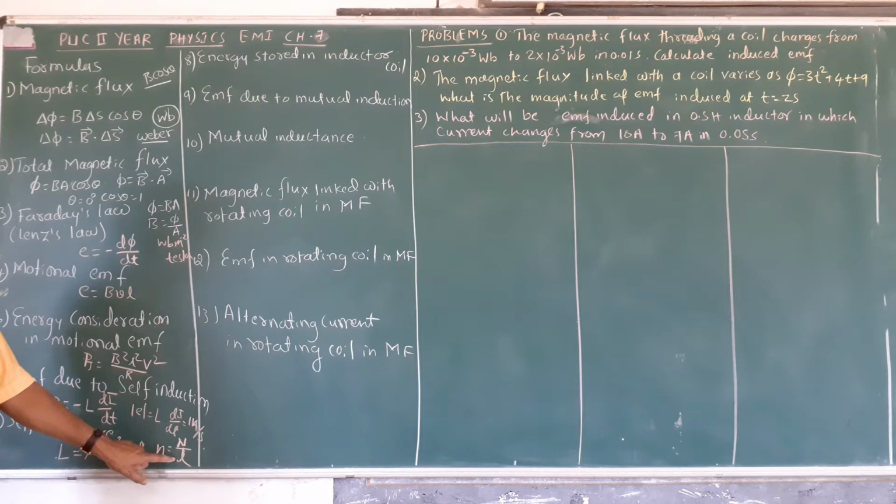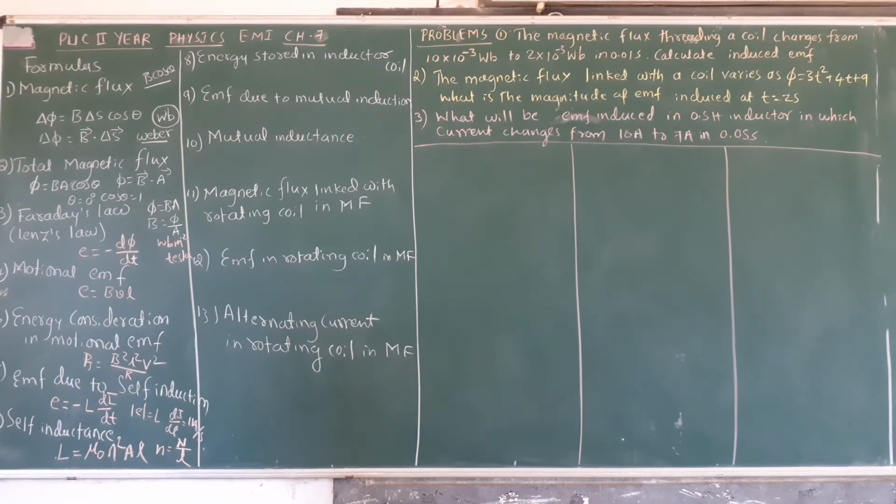This is the turns per unit length. Mu naught is the permeability of free space, n is the number of turns per unit length, A is the area of the coil, l is the length of the coil.